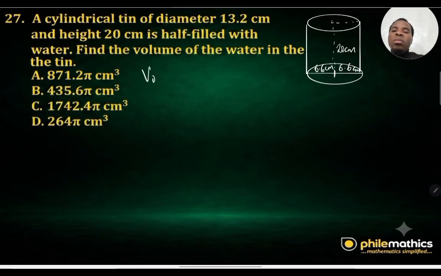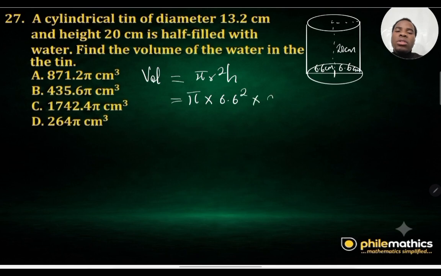The volume of a cylinder is pi r square h. Since our answer is left in pi, we have pi times 6.6 square times 20. 6.6 square is 43.56 times 20.